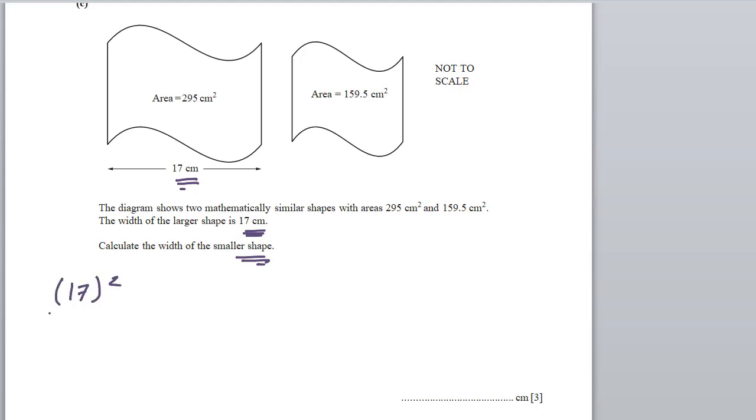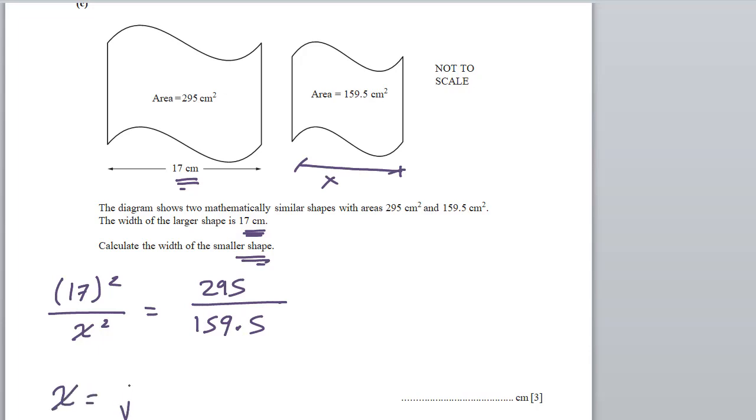So 17 squared divided by x squared, let us assume this one is x, is equal to 295 divided by 159.5. So x will be the square root of, by cross multiplying, 17 squared multiplied by 159.5 divided by 295.